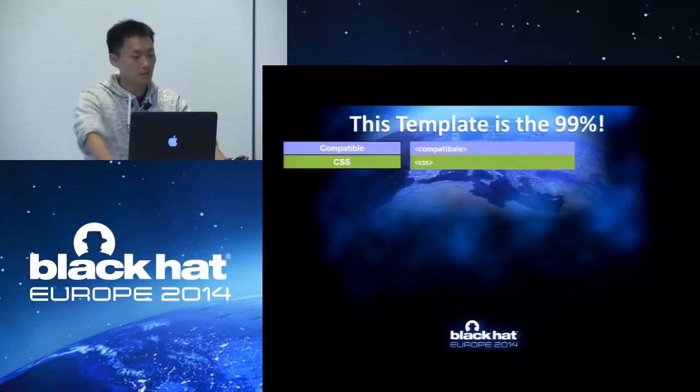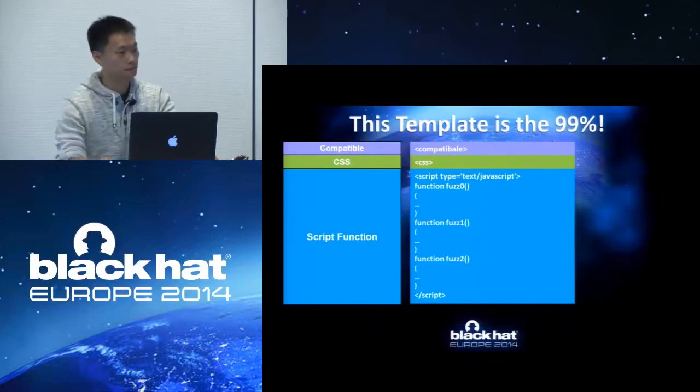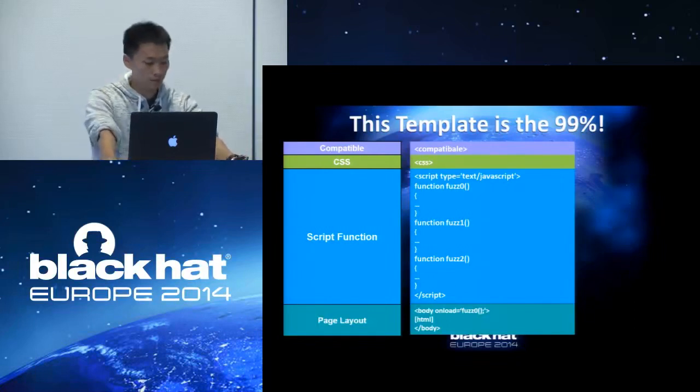Then we have the CSS part. CSS describes the look and formatting of a web page. Then we have script functions. Here we use JavaScript. It can dynamically change the web page content. We also call this part the dynamic part. And in the end, we have the static part, which is HTML.